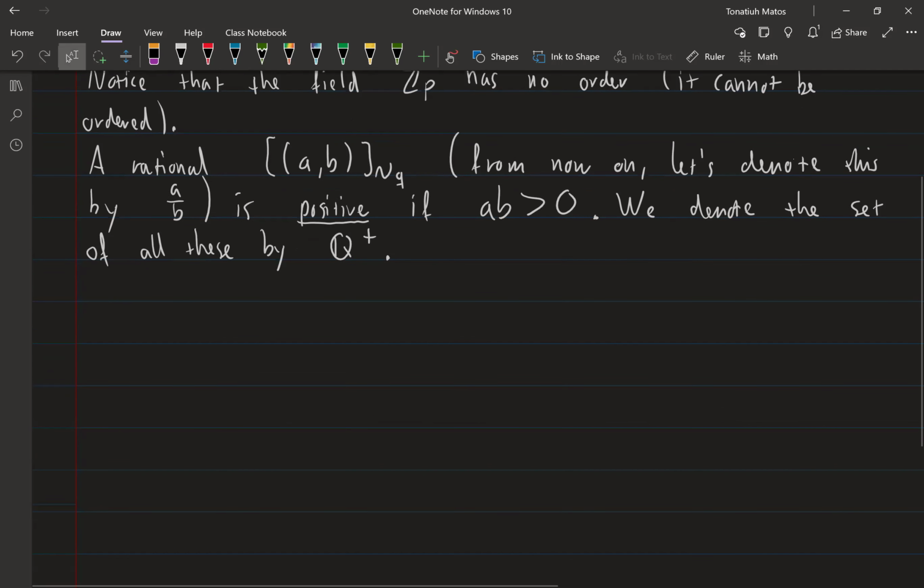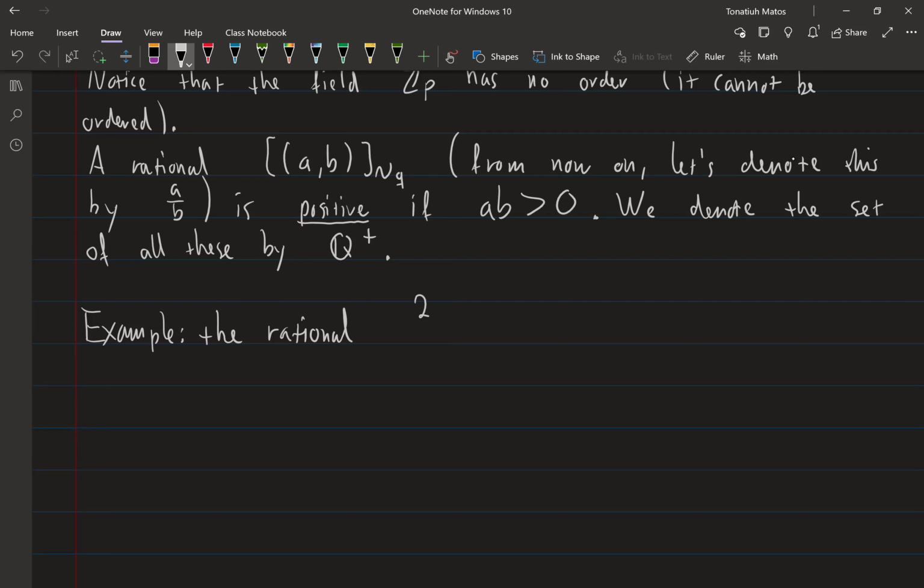Now, maybe just as an example, the rational, let's say 2/3 is positive. Now, 2/3 is supposed to be an equivalence class. So I picked the representative (2, 3), but I could have picked the representative (4, 6), which is equivalent if you follow the definition.